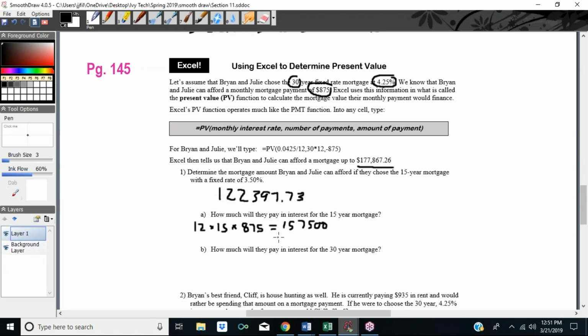And then they would be borrowing the 122,397.73. And then the difference in there would be the interest that they would have had to pay. It looks like $35,102.27.